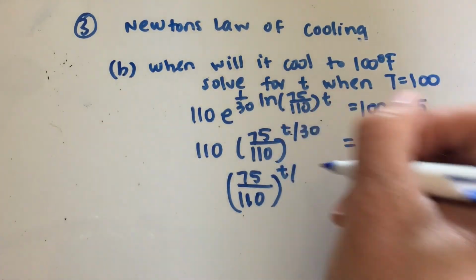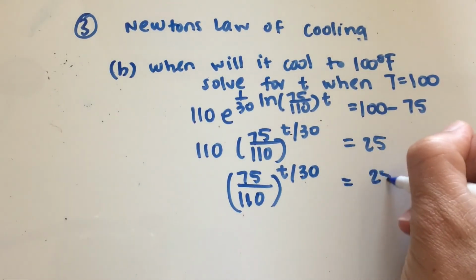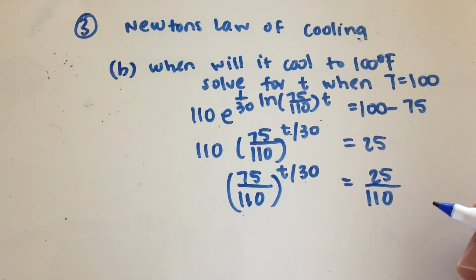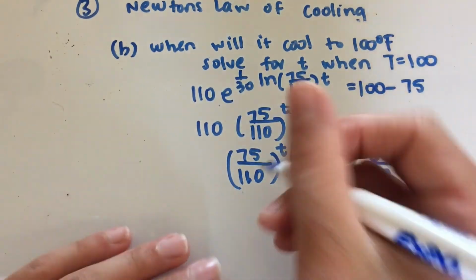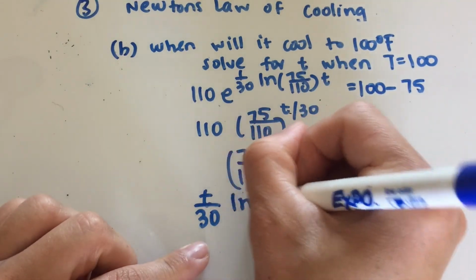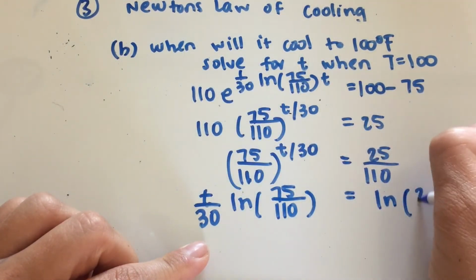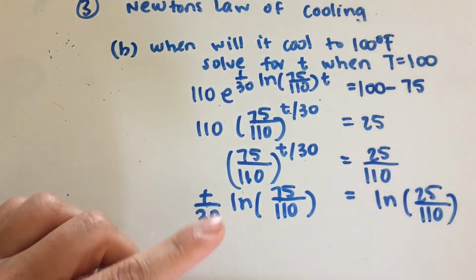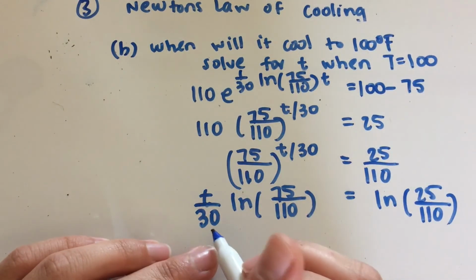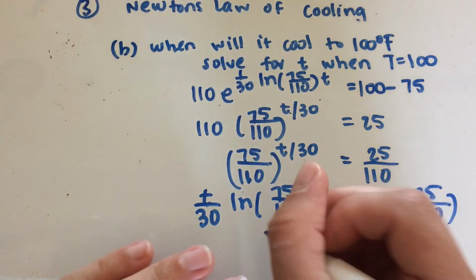And I get 75 over 110 to the t over 30 is equal to 25 over 110. At this point, I can take the natural log. So I get t over 30 times ln 75 over 110 equals ln 25 over 110. And now I'm going to multiply each side by 30 and divide by ln 75 over 110.